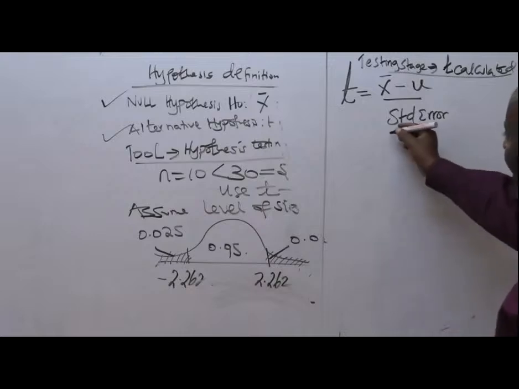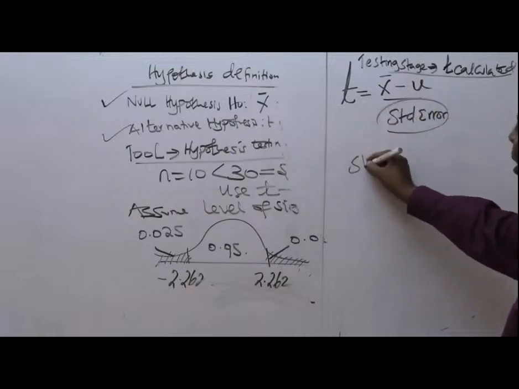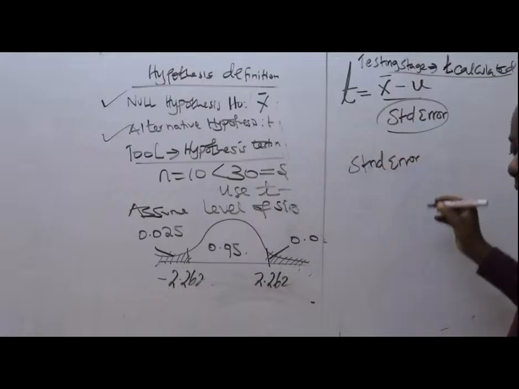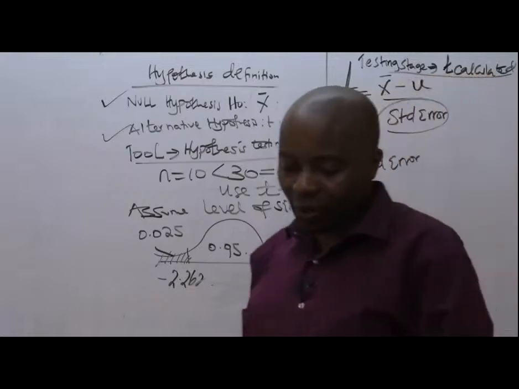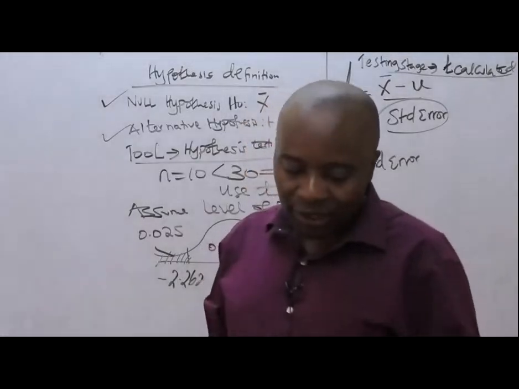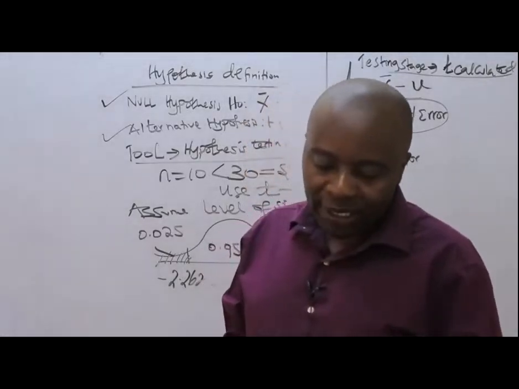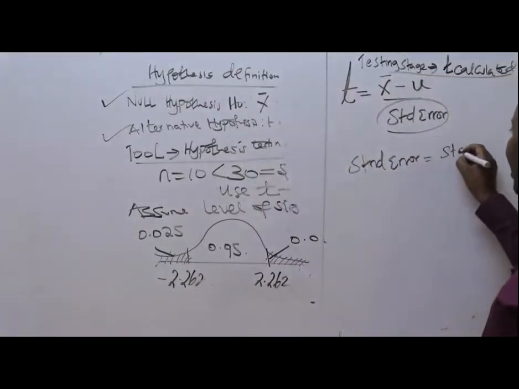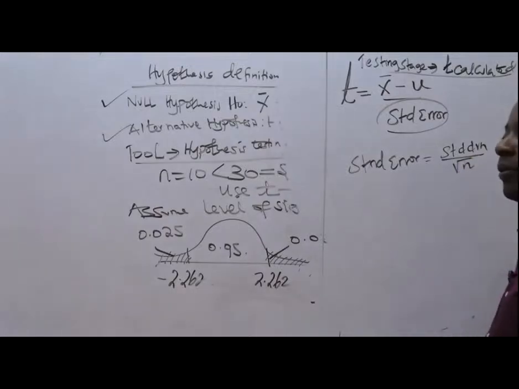Now, how do we get this standard error? To get the standard error, my friends, we normally take the standard deviation given over root n, the square root of n.